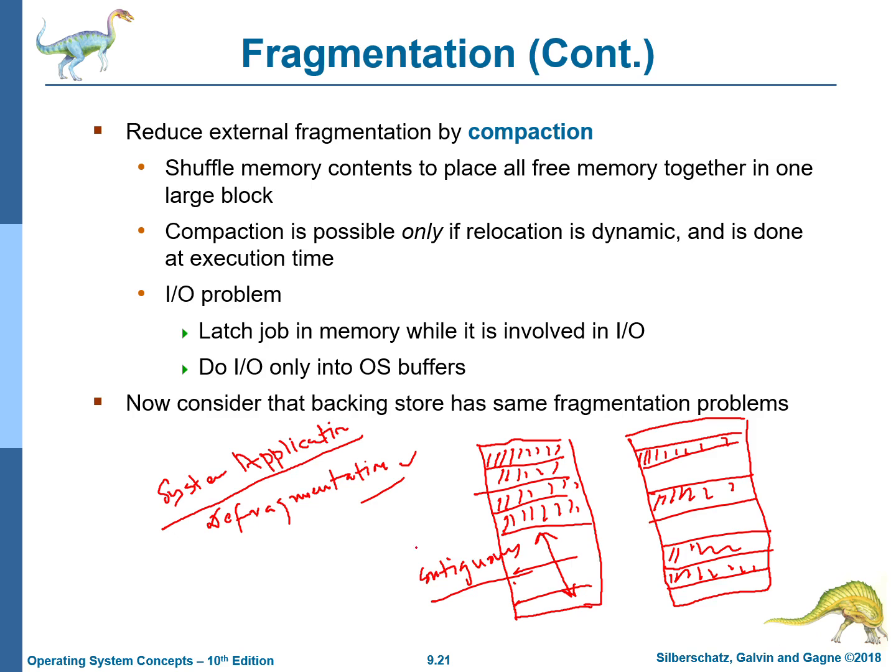But the problem with the compaction approach is that for moving data from one place to another, we need input output. The input output routines are involved in this, and this is not CPU efficient and also time consuming.